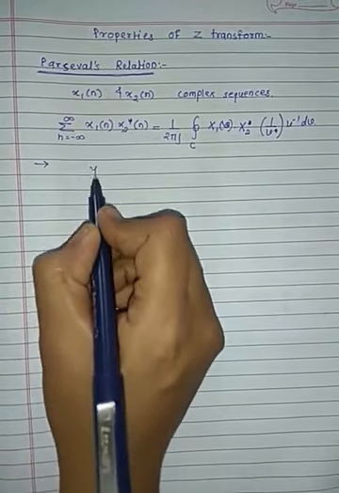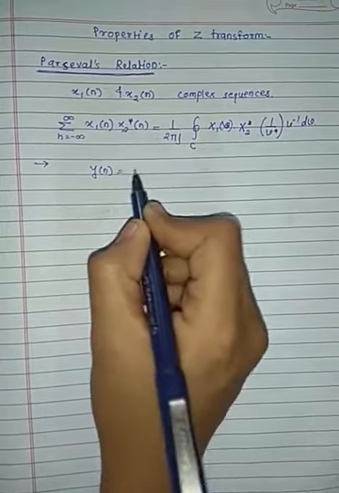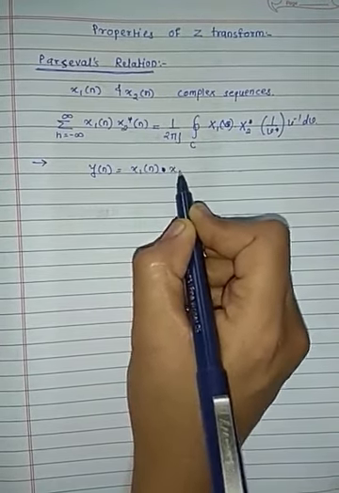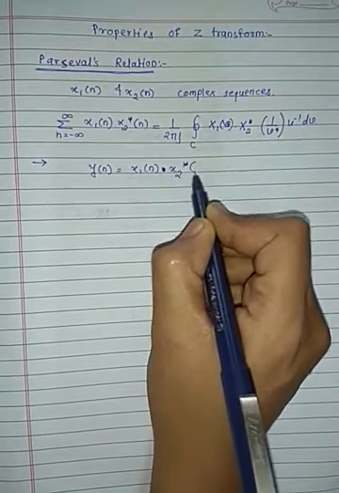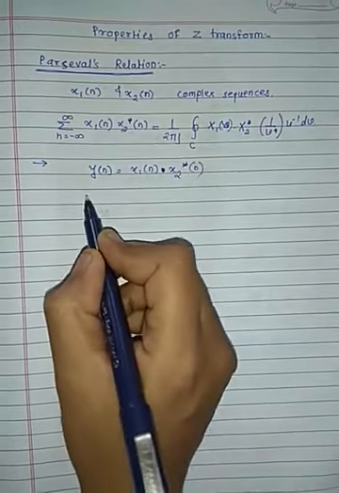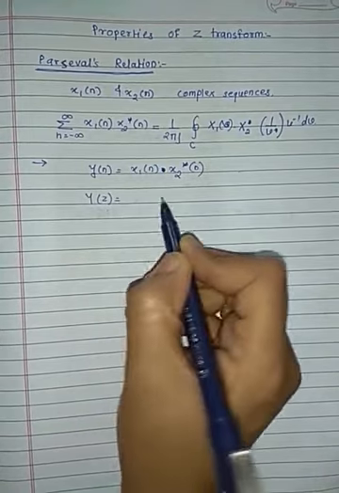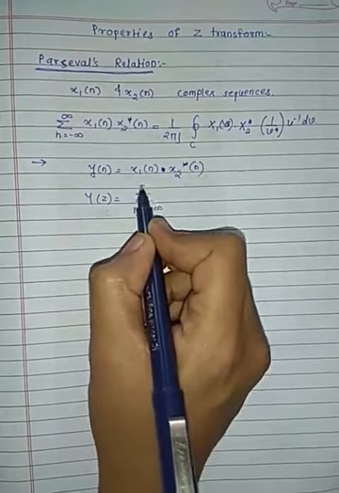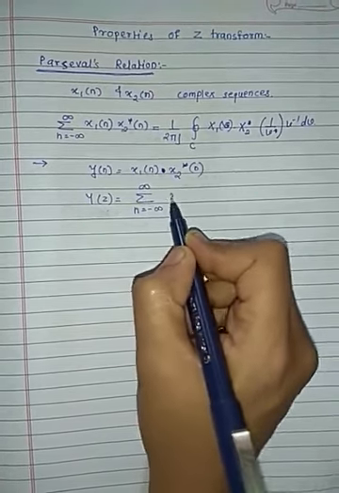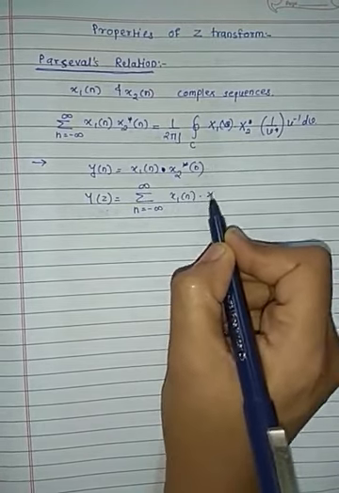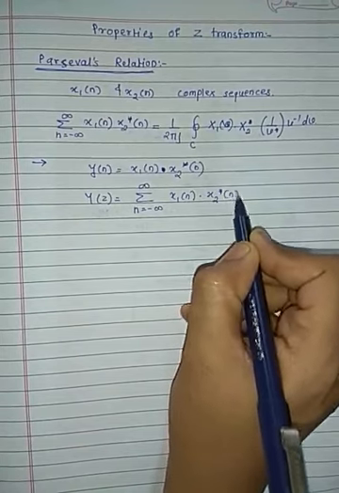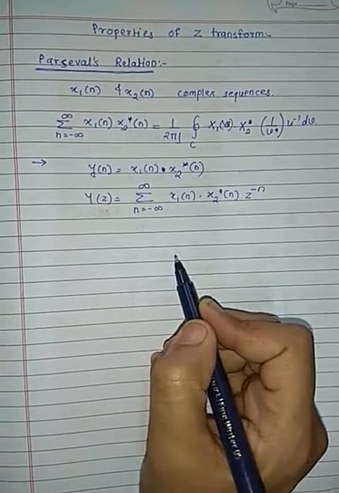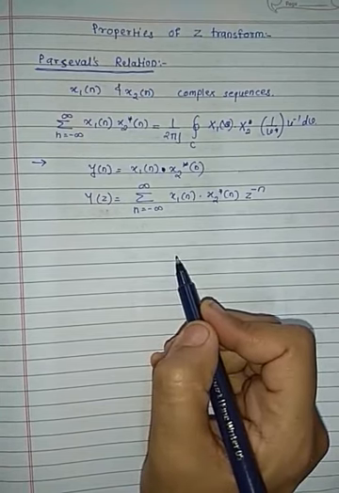So let here y of n is nothing but x1 of n multiplied by x2 complex conjugate of n. Then y of z is equivalent to summation from n is equal to minus infinity to plus infinity x1 of n into x2 complex conjugate of n into z raised to minus n. Okay, so this is according to the equation of Z transform.